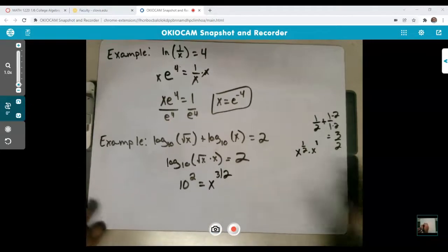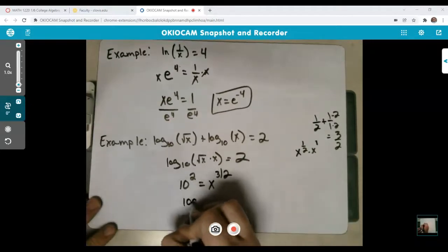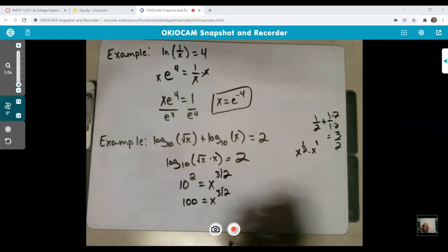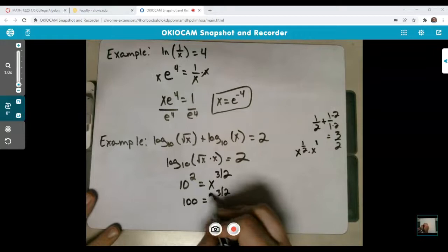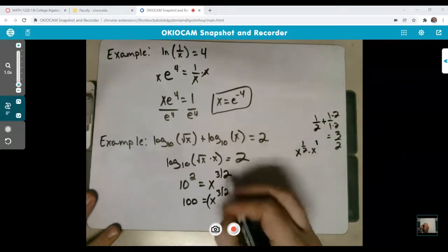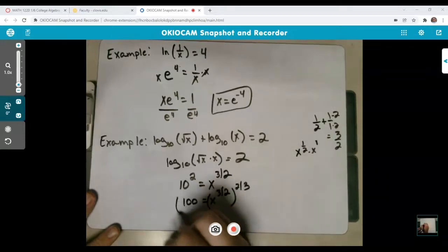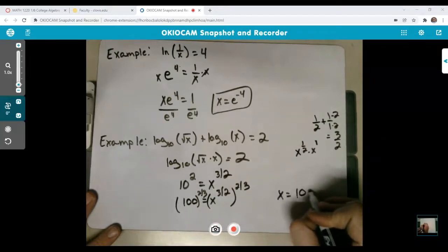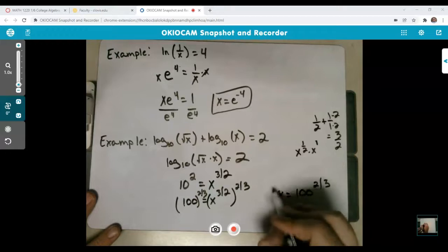Work this out more. 10 squared is 100, so that's 100 equals x to the 3/2. To get rid of the 3/2, we're going to raise everything to the power of, flip it, 2/3. So x is equal to whatever 100 to the power of 2/3 is.